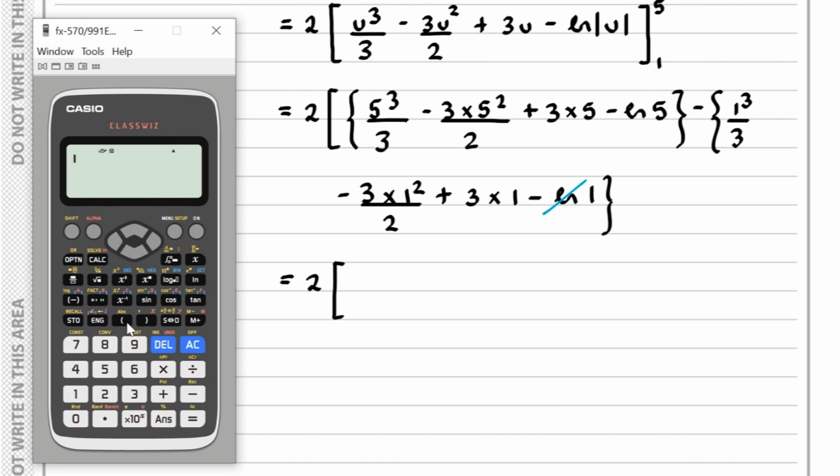We have here 5 cubed over 3 minus 3 times by 5 squared over 2 plus 3 times 5, so that's 115 over 6 minus natural log of 5, and then we've got 1 cubed over 3 minus 3 over 2 times 1 squared plus 3 lots of 1. So then we subtract 11 over 6.